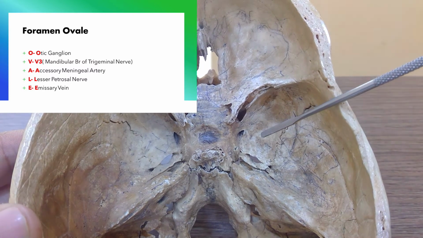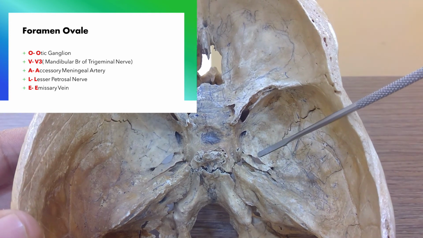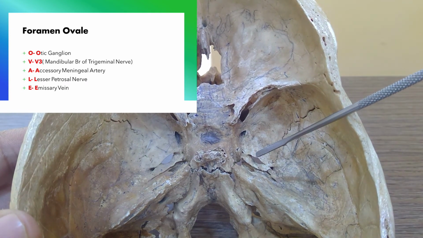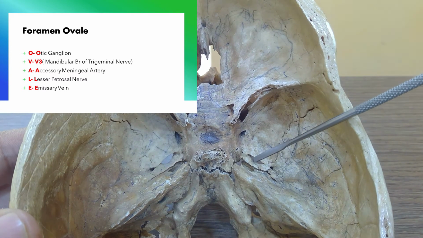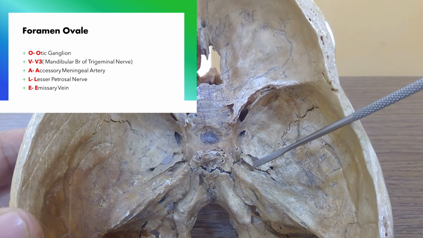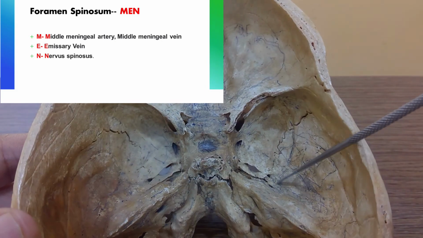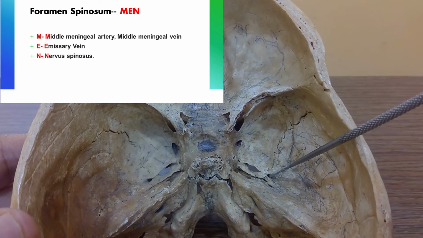A for accessory meningeal artery. S for lesser petrosal nerve and E for emissary vein. So I hope you now remember the structures passing through foramen ovale by O-V-A-L-E.